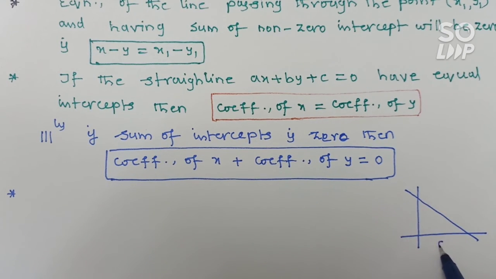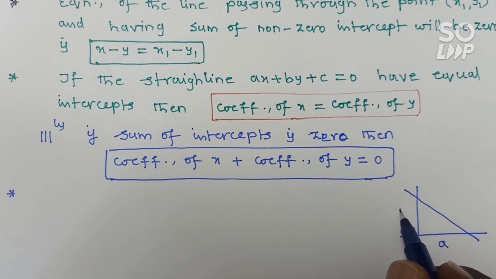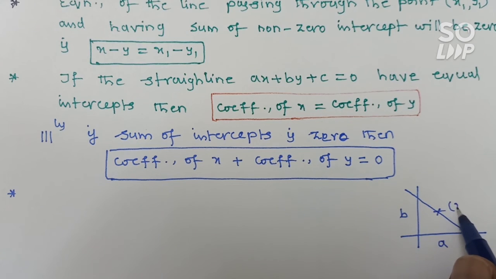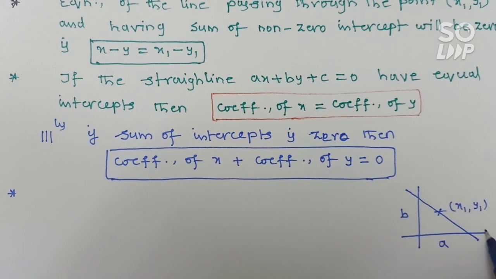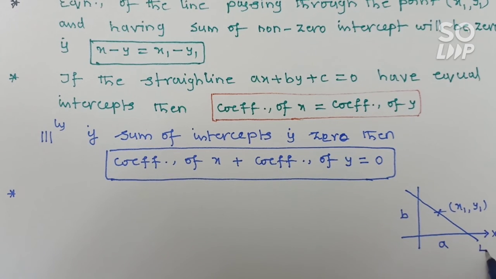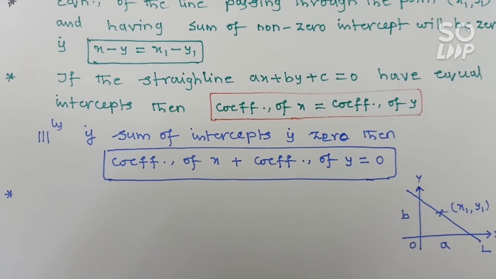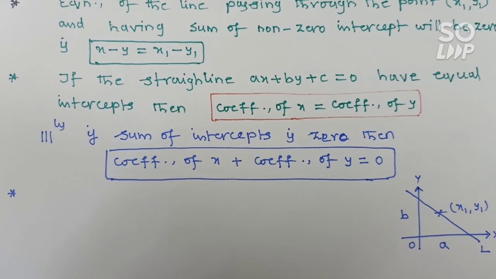Here the x intercept is a, the y intercept is b. If this line is passing through the point x1 comma y1, then what do you say is the equation of this line? So what is that formula?